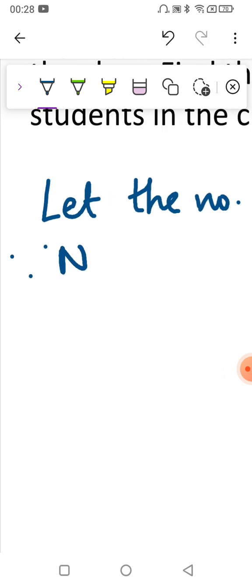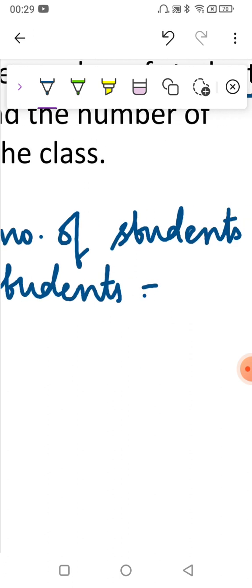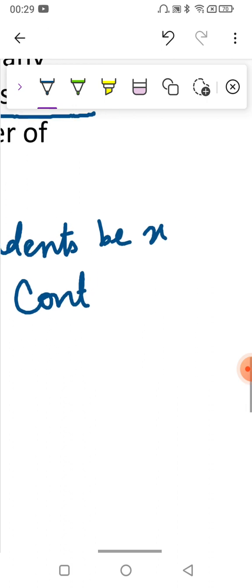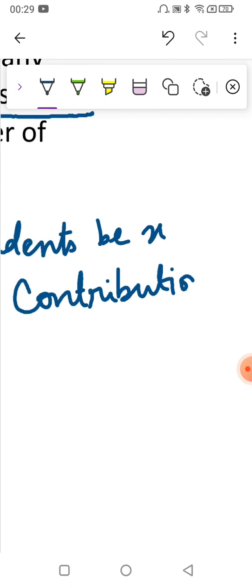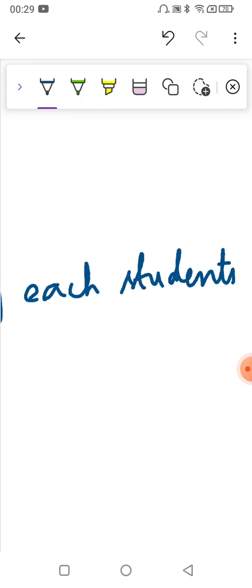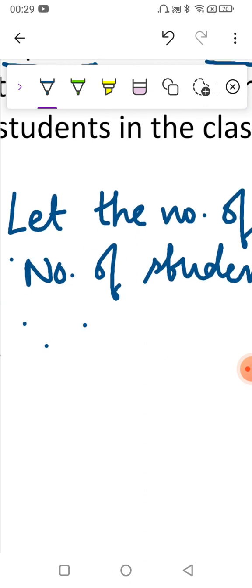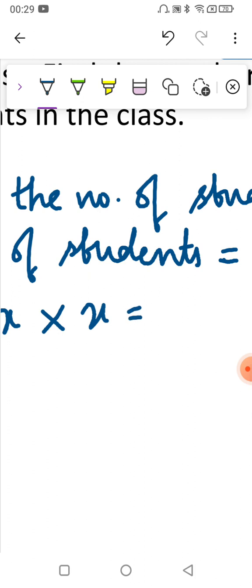So we are going to write it down. Therefore, we can write since number of students equal to contribution by each student, we can write that number of students into whatever each person has contributed is equal to the total amount that was 2304.